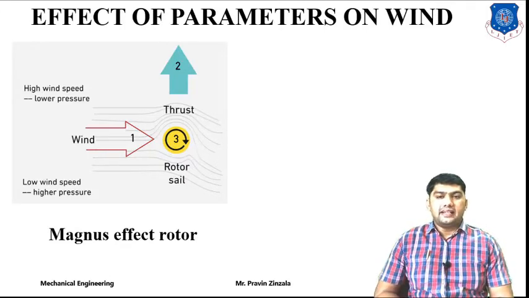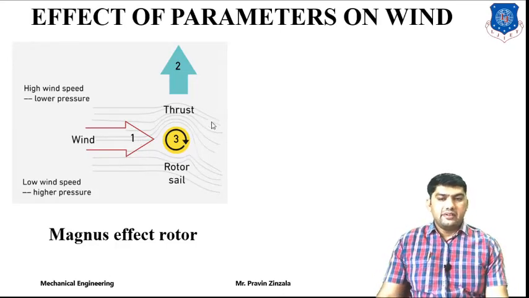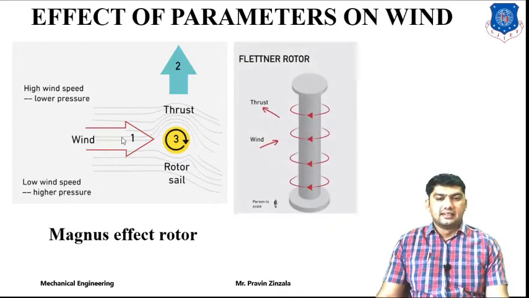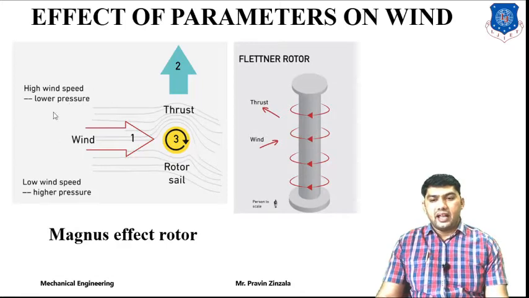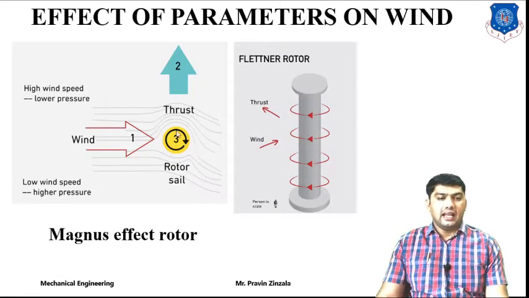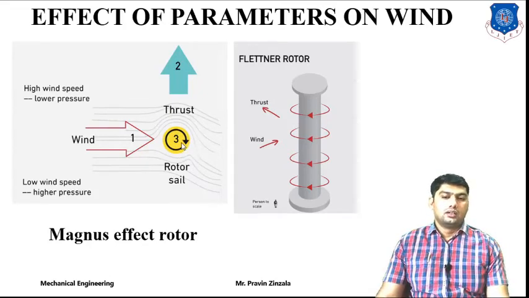The next effect is the Magnus effect. It is one type of effect which produces rotational motion. Like this cylinder, whenever wind strikes a wind turbine, it tries to rotate the rotor. So it is called the Magnus effect.